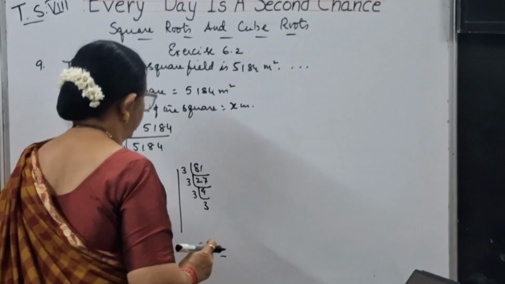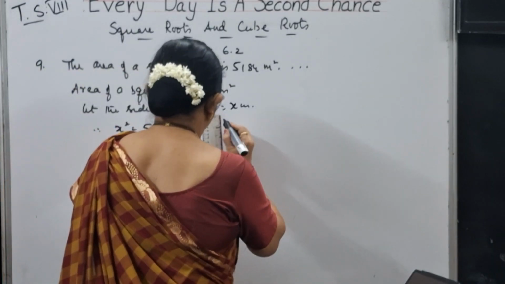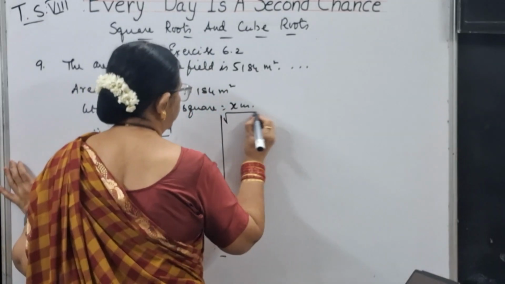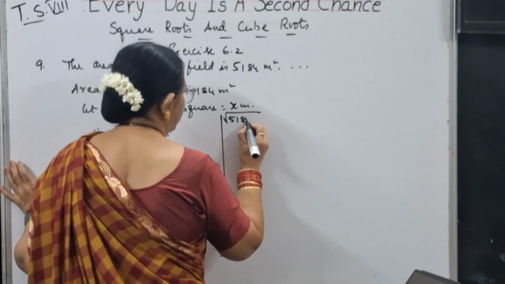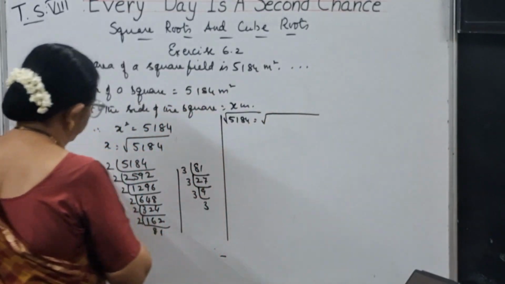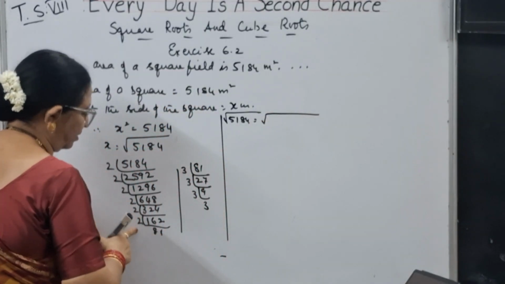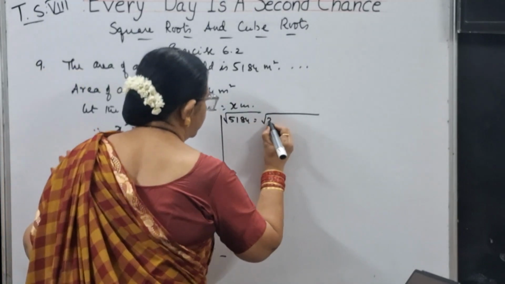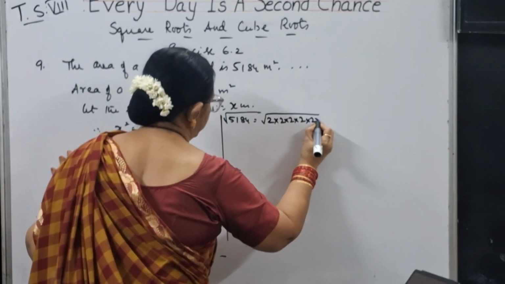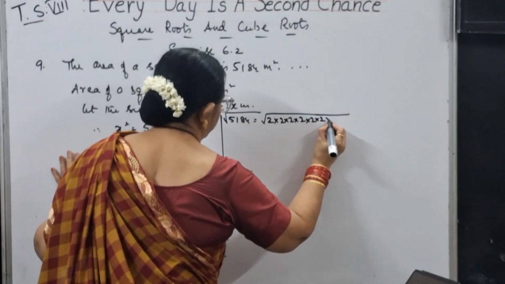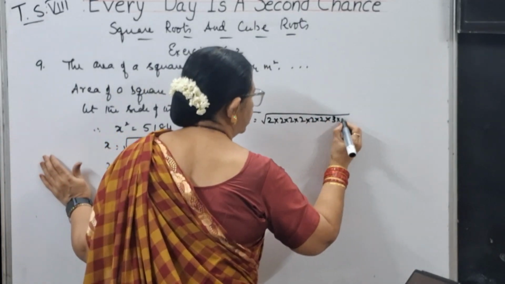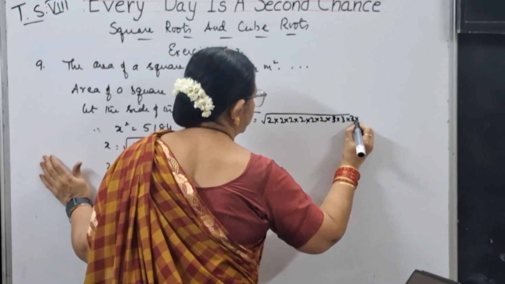So what am I getting here, children? Root of 5184 is equal to root of how many twos? 1 2 3 4 5 6 twos, into how many threes? 4 threes, 1 2 3 4.